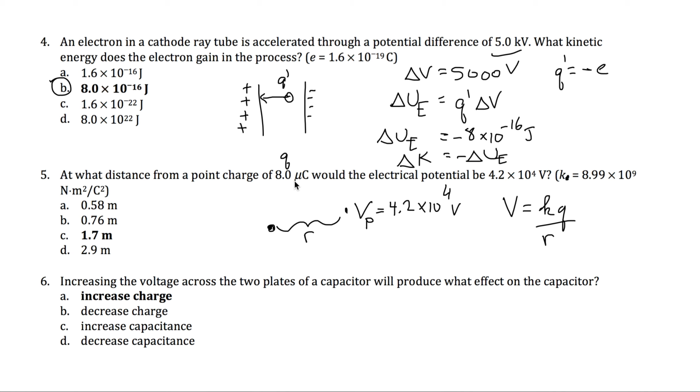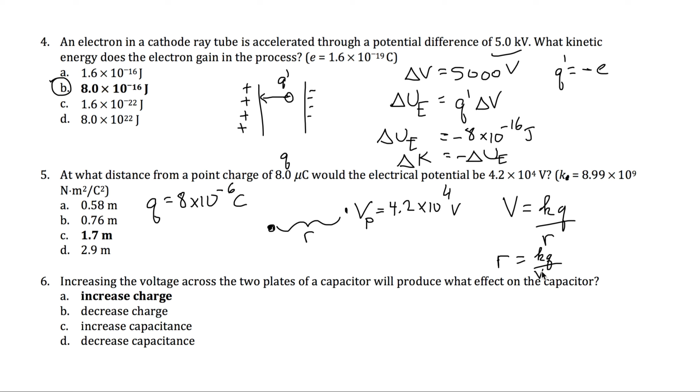Make sure that micro is 10 to the negative 6, so q is 8 times 10 to the negative 6. And then we're looking for r, but we're given V_P, the potential at this point. So we're solving for r, get r by itself, and you'll get kq over V.